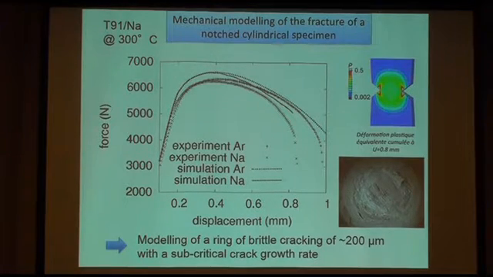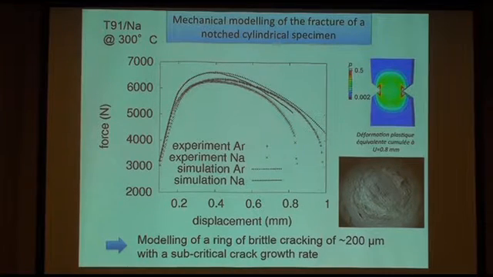mod 9Cr steel. We took data from the case of the embrittlement by sodium at 300 degrees C. So you have the experimental reference curve here, and it's a case where you have a weak embrittlement at that temperature, and you see mechanically only a small effect, but you have a sort of a ring, a brittle fracture that is of the order of 200 micron with a subcritical crack.